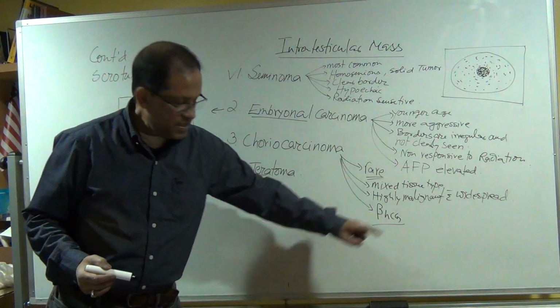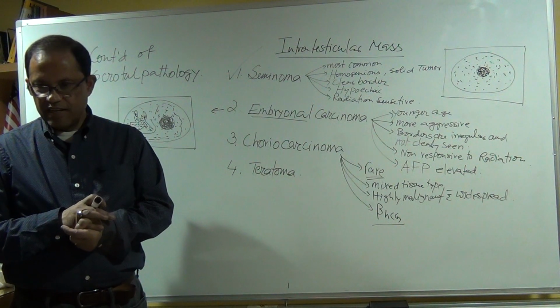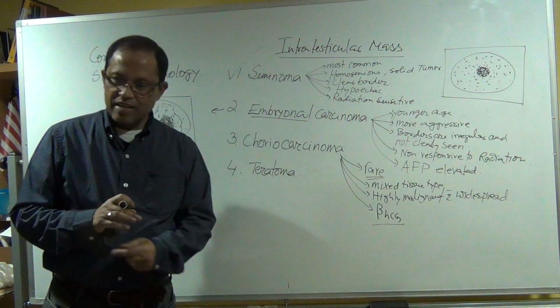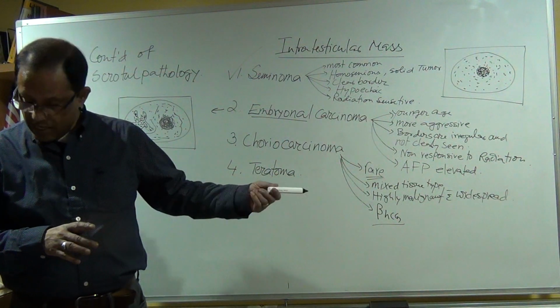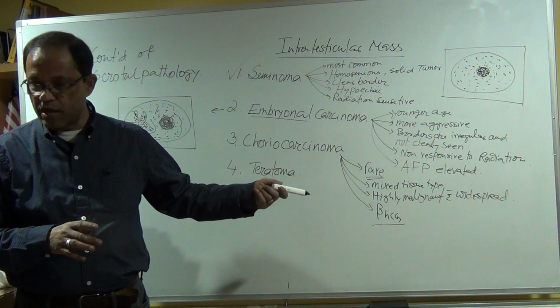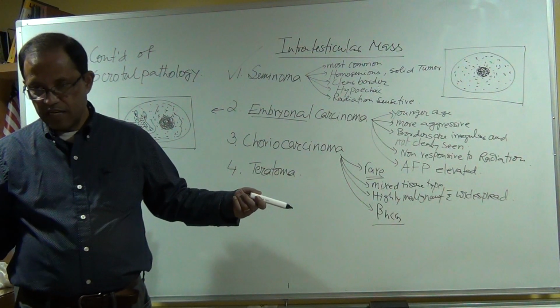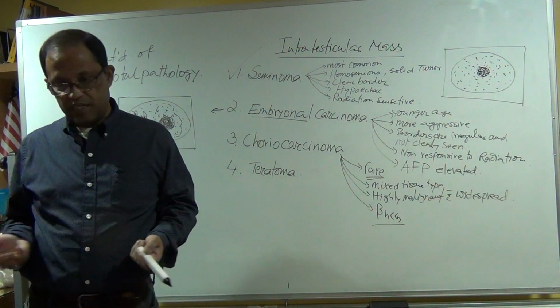And is beta HCG a male hormone or a female hormone? Female hormone. It is associated with pregnancy. That's why if it happens to a man, a boy, they will develop gynecomastia. And if you do a pregnancy test, you will see the boy has a positive pregnancy test.